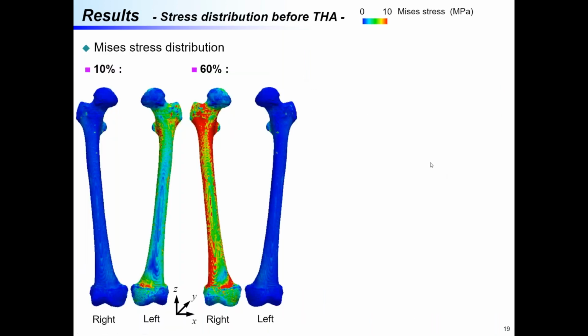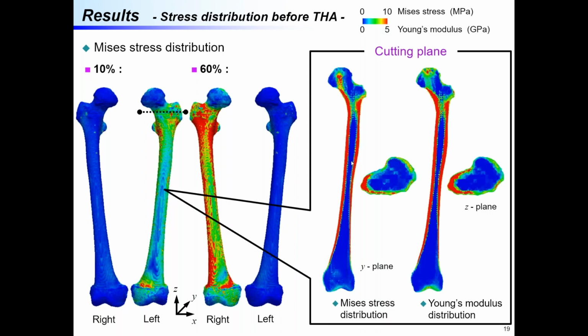This slide shows the stress distribution before THA. As you can see, the stress distribution between the left and right femur were different due to the difference of boundary conditions. And here is one of the examples of the distribution of stress and the Young's modulus.